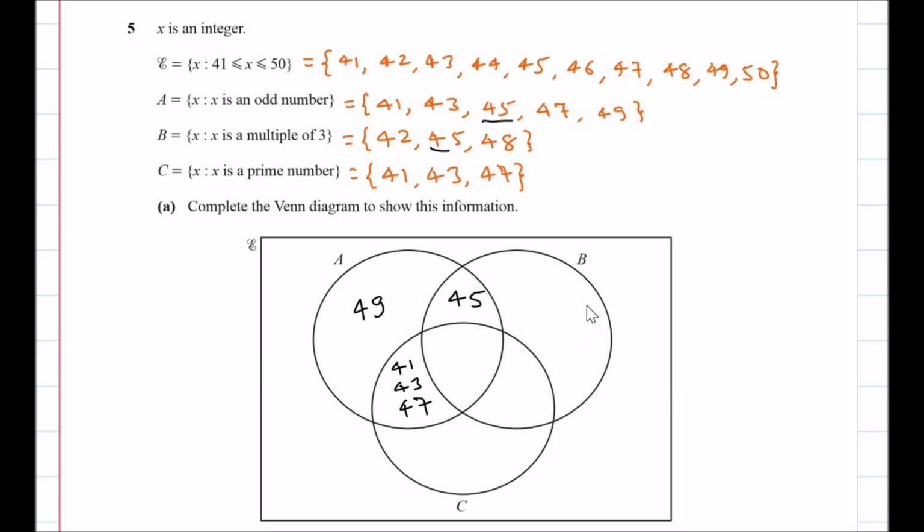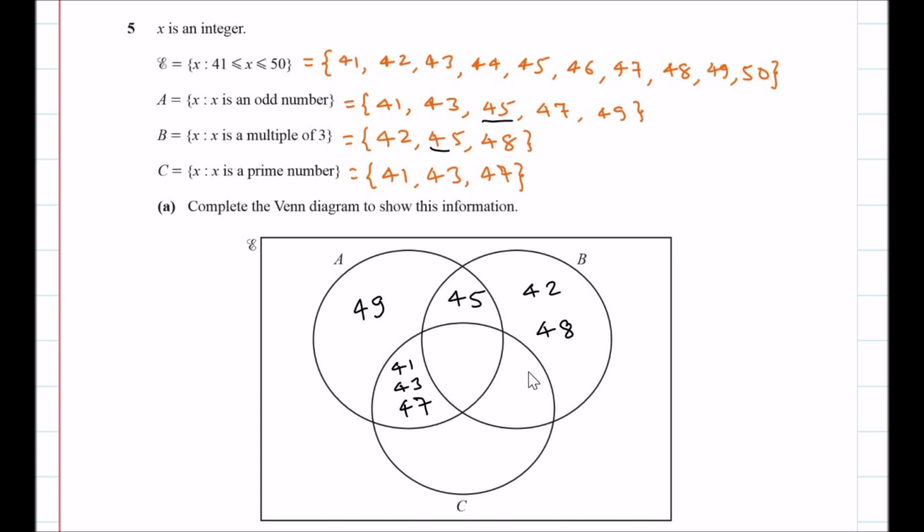So 49 will come over here, right? In B, we have so far only 45 written here. That is the common area. Now, what is left? 42 and 48. So 42 and 48 comes here. Okay, now the circle part is completed.